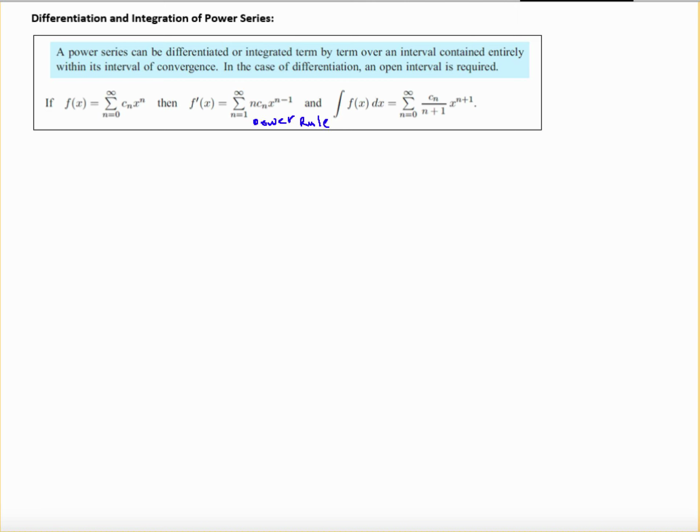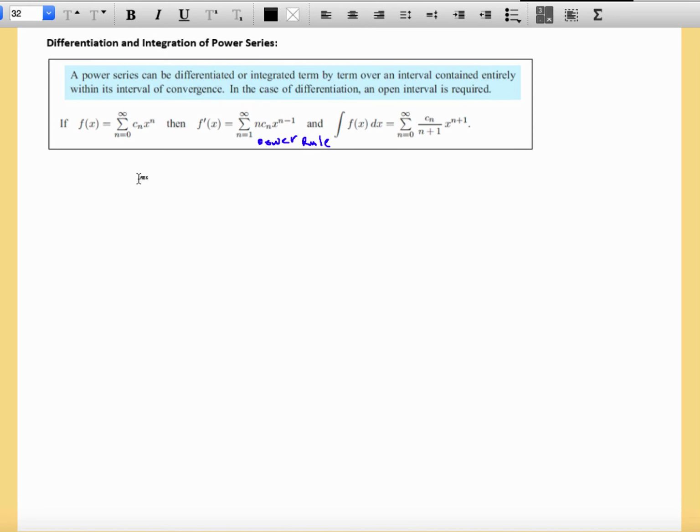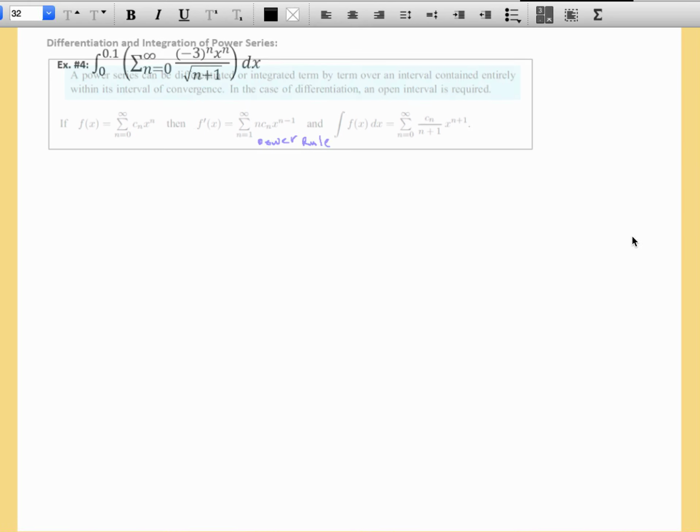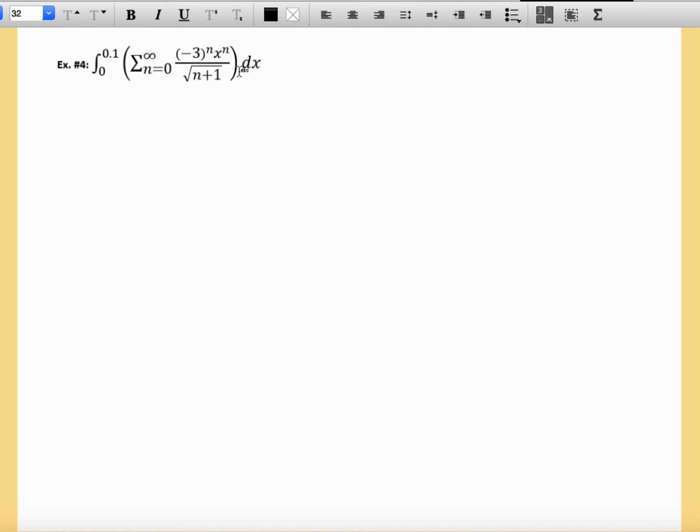So maybe let's make a little note. This is the series I'm talking about, that since this does converge between -1/3 and +1/3, our limits also need to be within that interval. Let's say we explored.